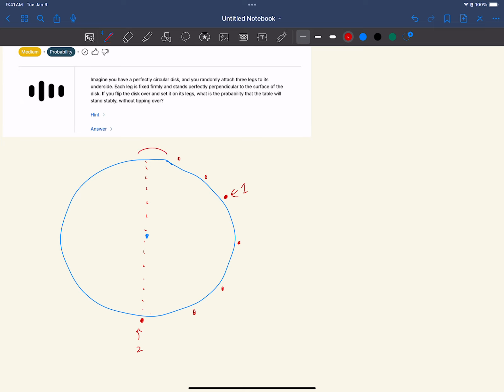But if we place it outside of 180 degrees, so over here, the table will certainly not fall over. So we really want the point to be within these dotted lines here. As long as it's over here, here, here, all these locations are fine because they are within 180 degrees of 1 and 2.